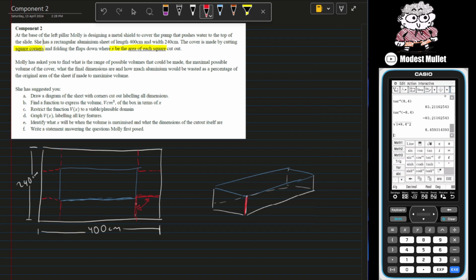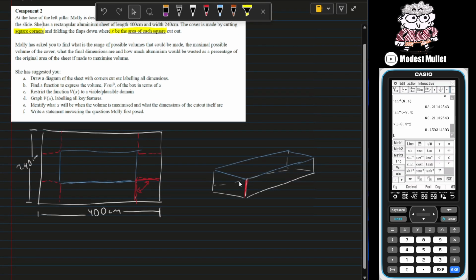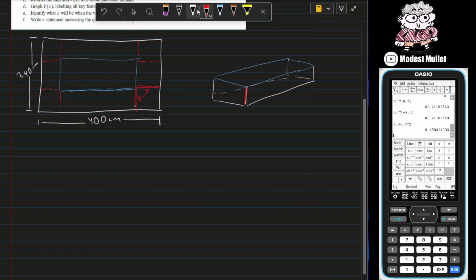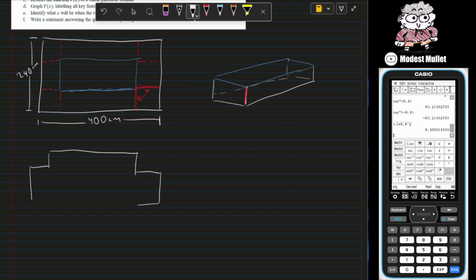So that's what's happening. We want to diagram the sheet with the corners cut out, labeling all dimensions. We've labeled our 240 and our 400, but let's think about what this shape is going to look like once we cut it out. Well, we end up with more of this. Again, you would draw this with a ruler, but I don't have a ruler.